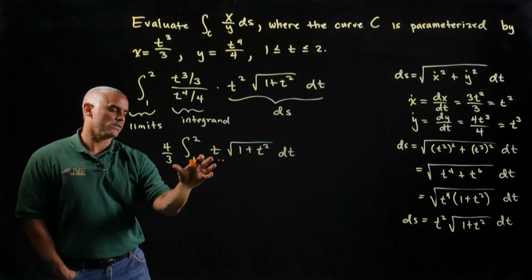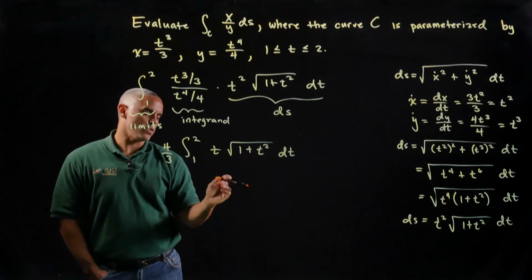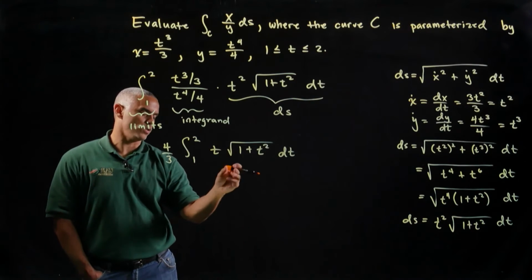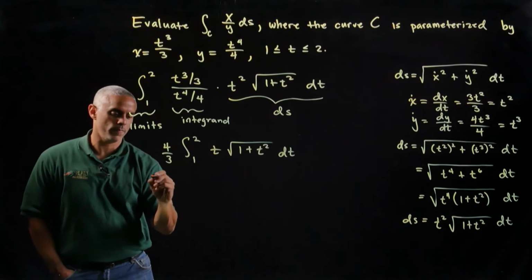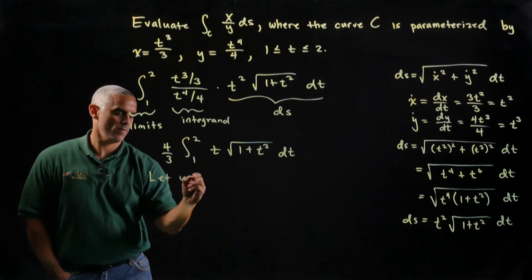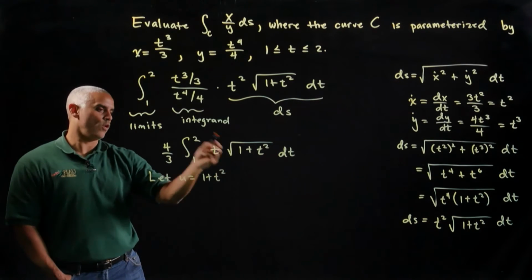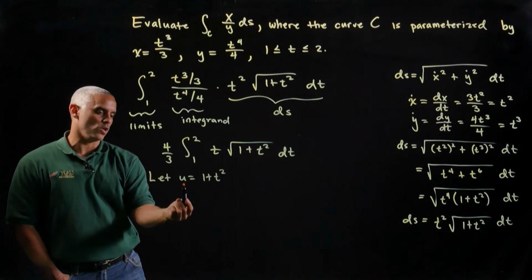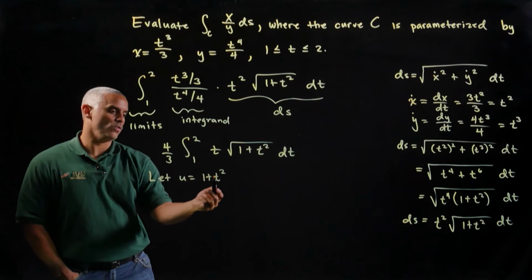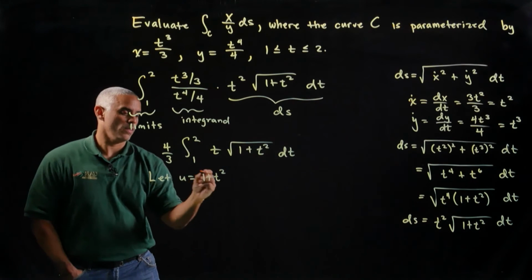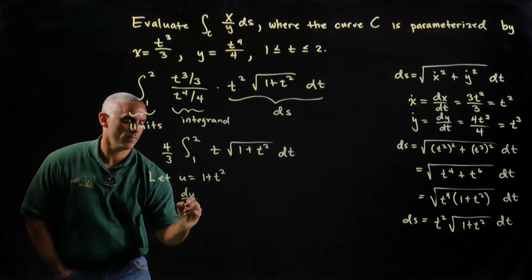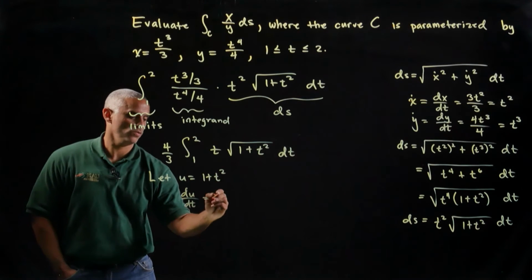Now to integrate this, we may want to use a u substitution. In this case, I'll say let u equal to 1 plus t squared. And then we transform again the rest of the integral all in terms of u. So if u is 1 plus t squared, then my du by dt is just 2t.